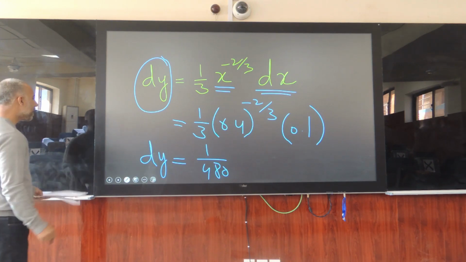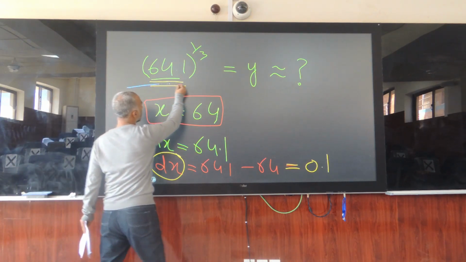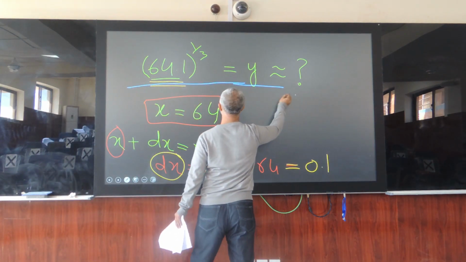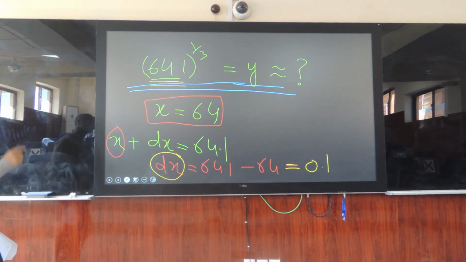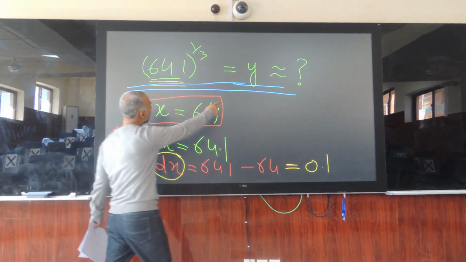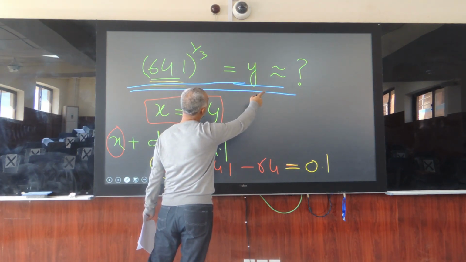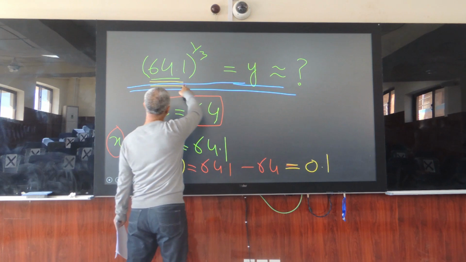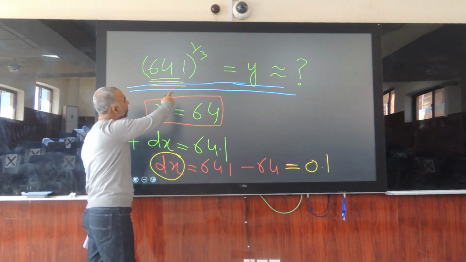Now go back to the original question, because we want to know the value of y. So this y is basically the composition of the small increment of the y-axis. Here we can notice this is the small increment of the x-axis in terms of dx.